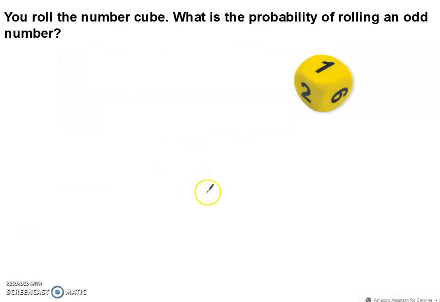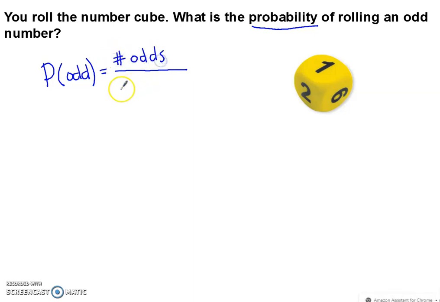You roll a number cube, which has 6 sides. What is the probability of rolling an odd number? Let's start by writing the formula from before. The probability of rolling an odd number is going to be a fraction: the number of odds, because we want odds, over the total number of outcomes.